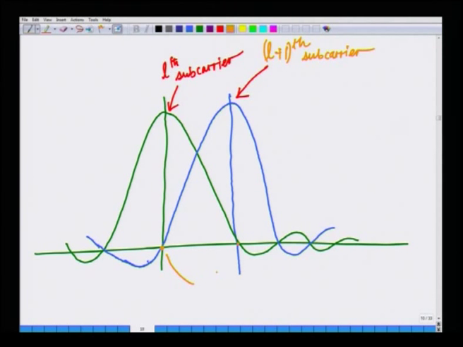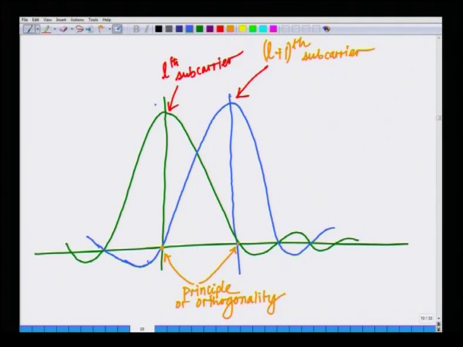This is essentially the principle of orthogonality of the subcarriers.